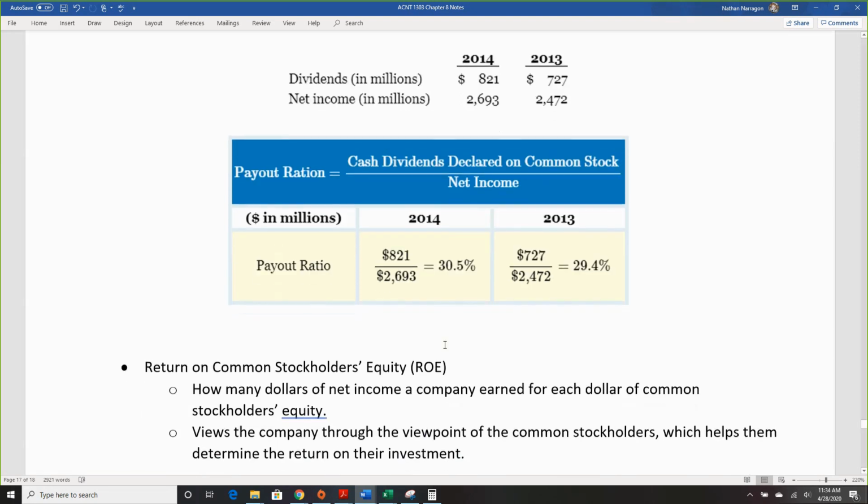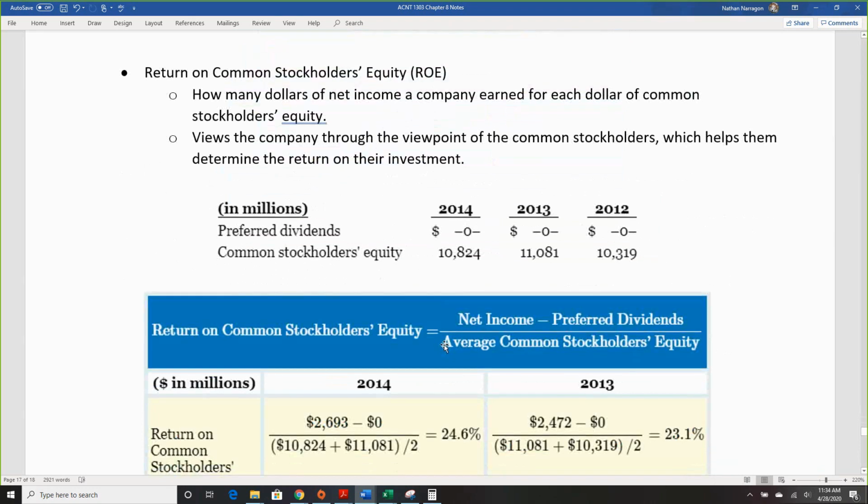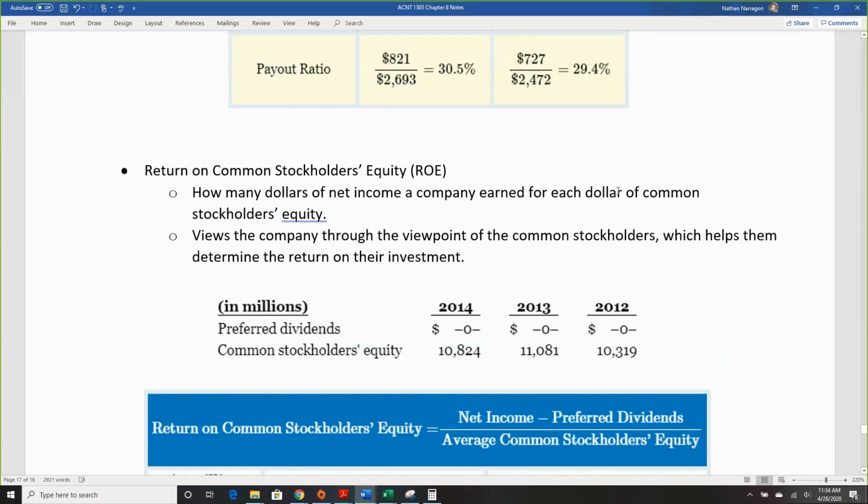The other ratio that we typically look at is called the return on common stockholders' equity, or basically known as ROE. This is basically how many dollars of net income a company earned for each dollar of common stockholders' equity.